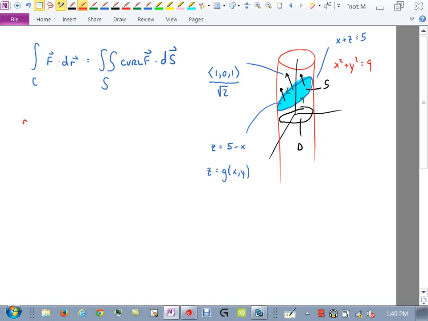The curl of F is equal to zero, negative 2x, y squared. Do y'all get that too? I don't have the vector field right in front of my eyes right now. What was the vector field?